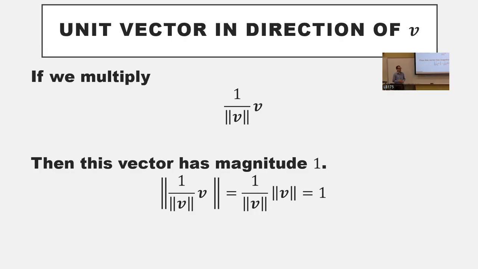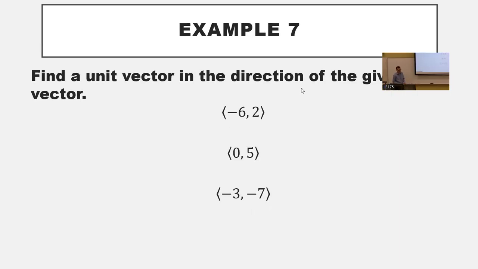So if you ever want a unit vector in a certain direction, this is what you do, if you know the vector direction you want to go in. So let's do that.